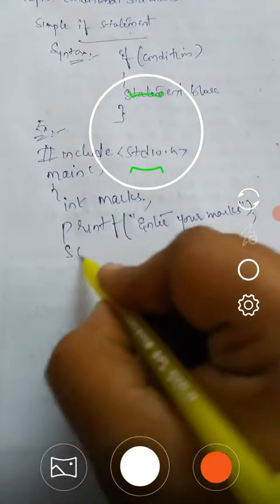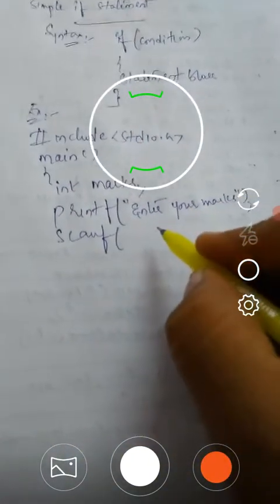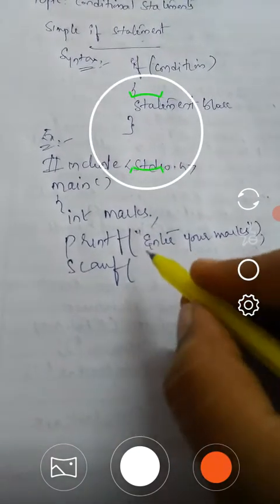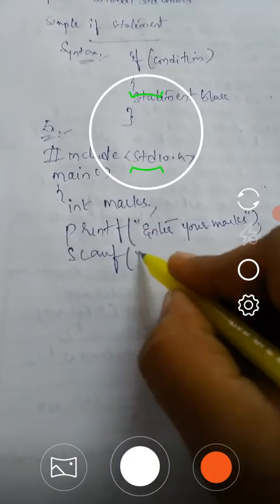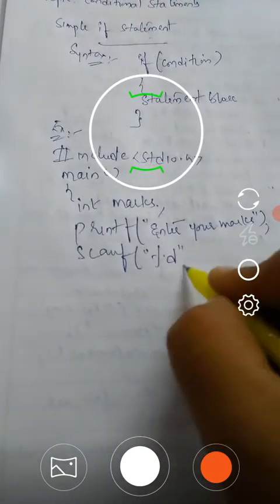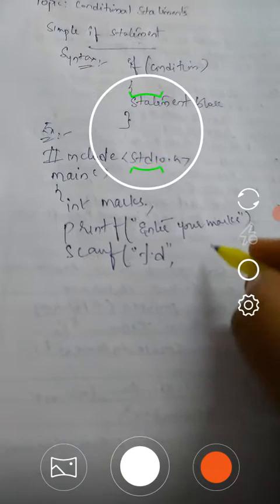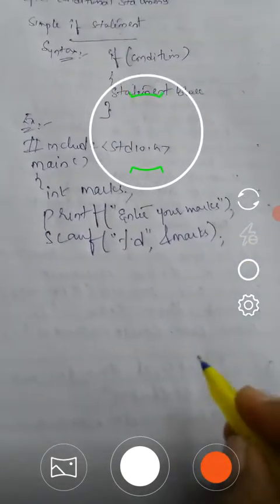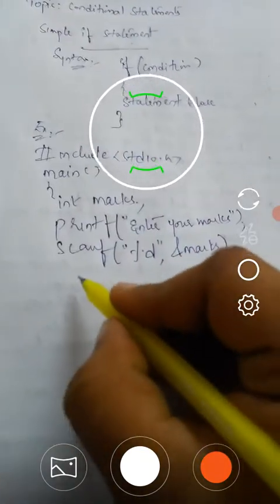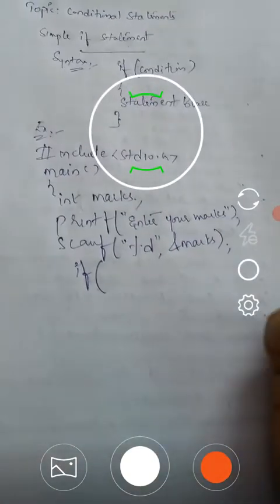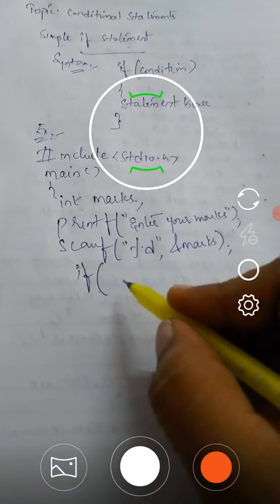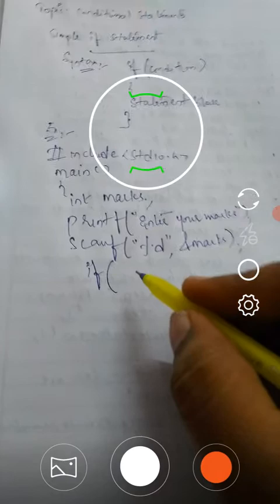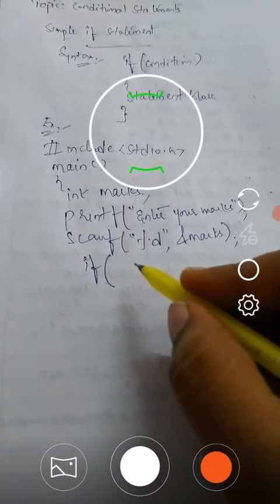After that I'm using a statement called scanf. This statement is going to read input values. Marks is of integer data type, that's why I'm using %d here and &marks. Now we will write a condition called if. What is my condition? If marks greater than or equal to 35, that student is going to be passed.